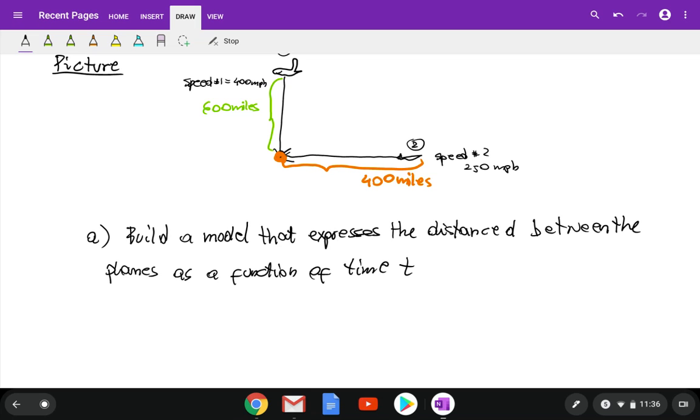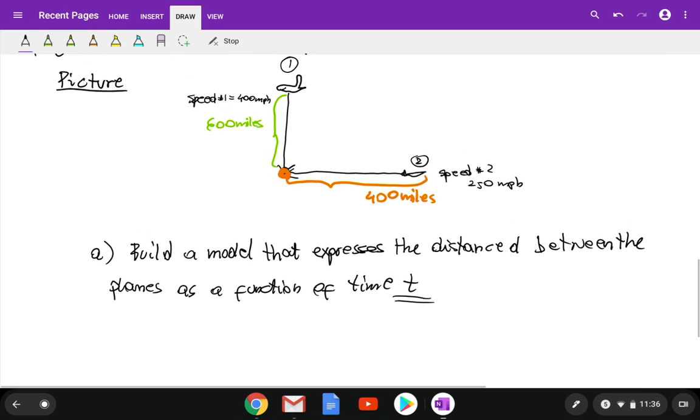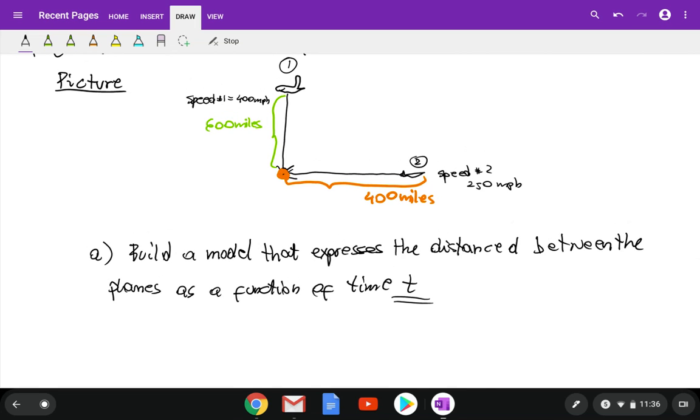This is important: right now we're trying to express everything using the variable t. Let's go back to that picture. We have to build a model that expresses the distance d. Going back to our problem, the distance between the two planes will be right here. This is our distance d.